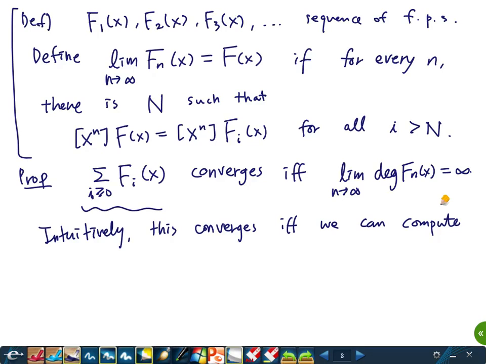Valid formal power series means the coefficient of x to the n must be computed as a finite sum.